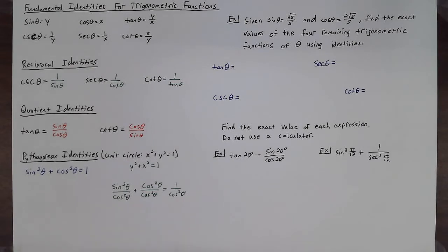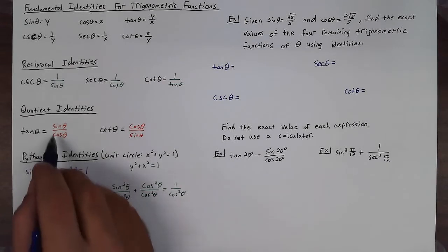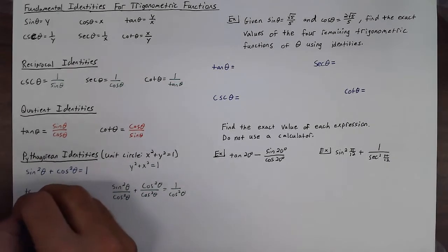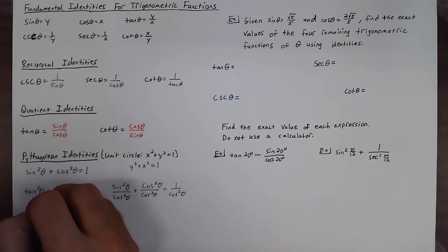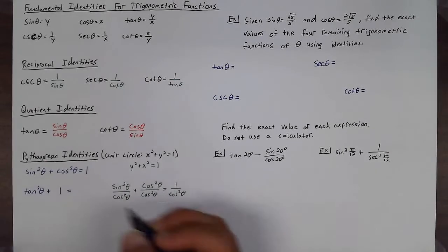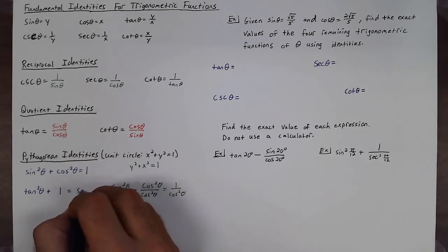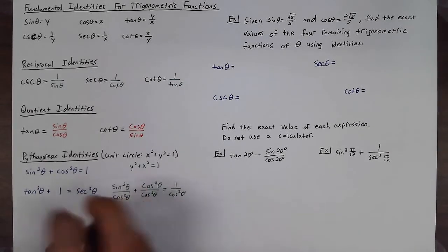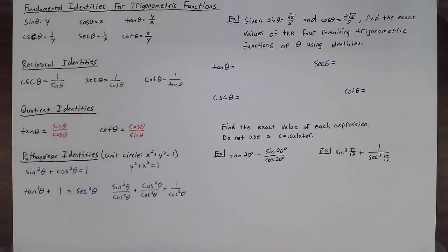What's nice about this is sine over cosine, we just learned earlier, is tangent. So we have tangent squared of theta plus cosine over cosine, which is 1. That will be equal to 1 over cosine, which would be secant squared of theta. So that's another form of the Pythagorean identity.